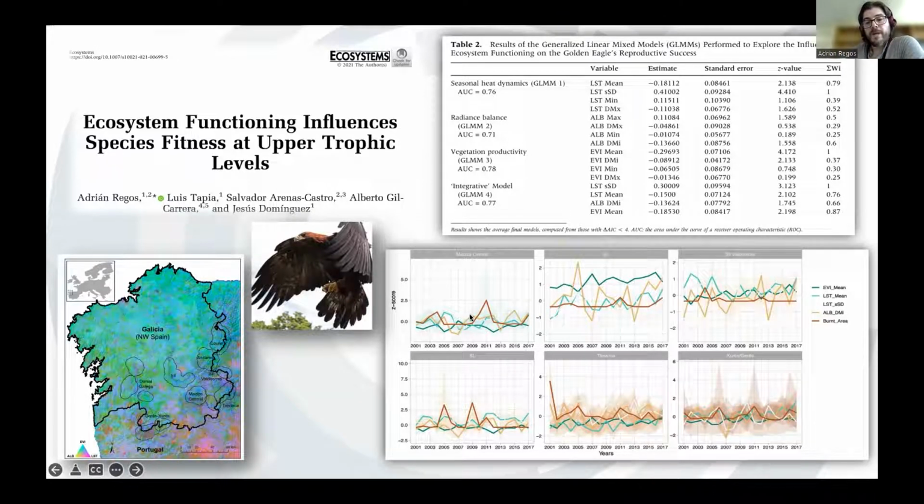So we can track using these indicators how the habitat, especially the hunting and nesting habitat, is changing across time and also among different breeding territories.